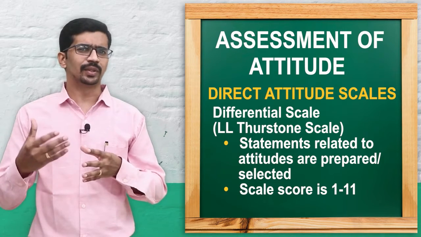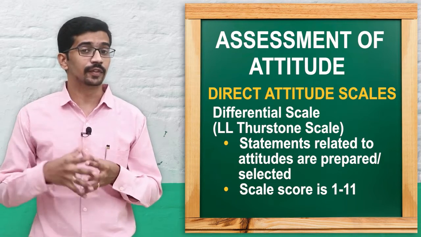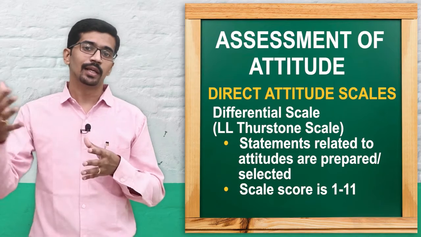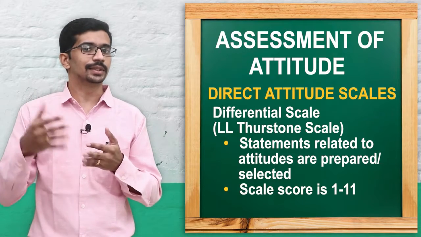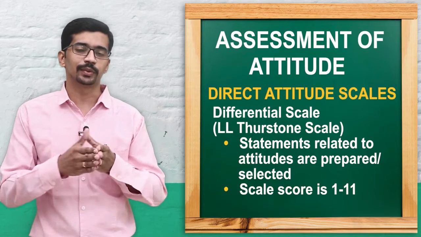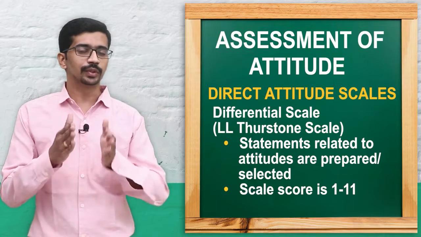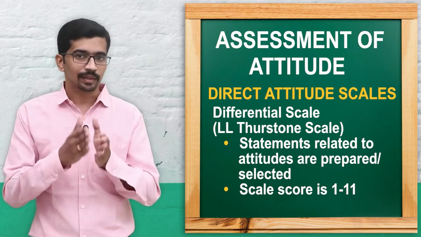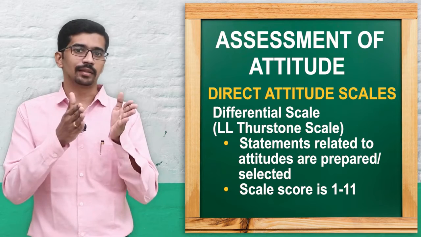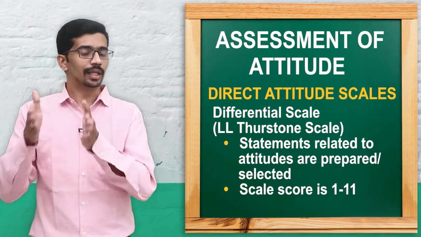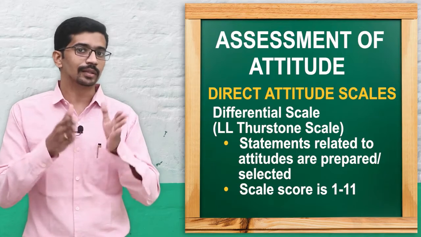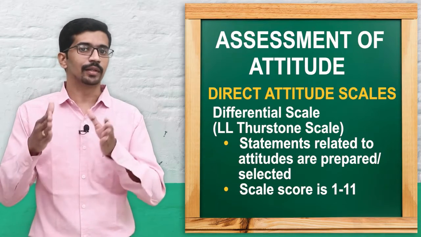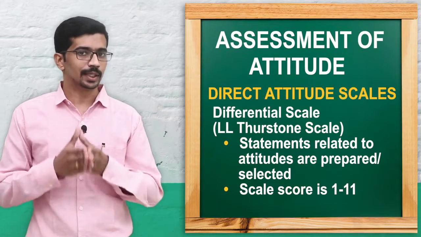Usually more than 100 or 150 statements may be prepared. Later, statements that are not accurate will be omitted and the most favorable statements will be selected, categorized from 1 to 11, that means least favorable to most favorable. The 1 to 11 scores are given by the judges.